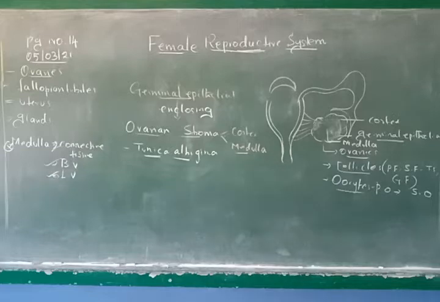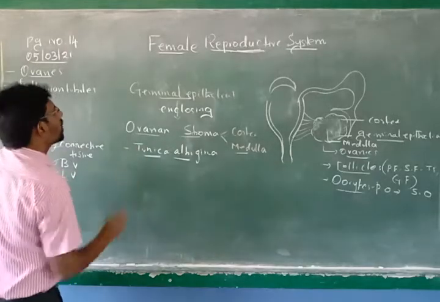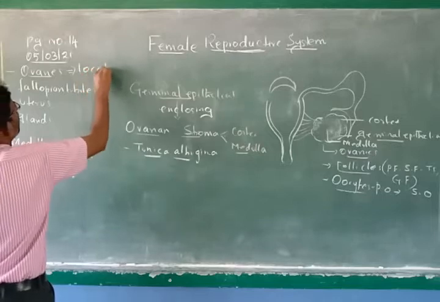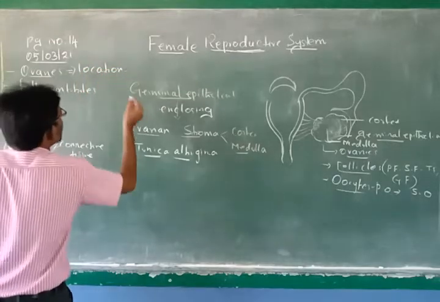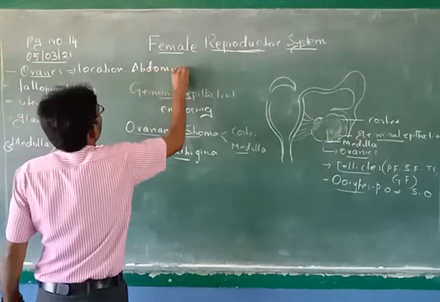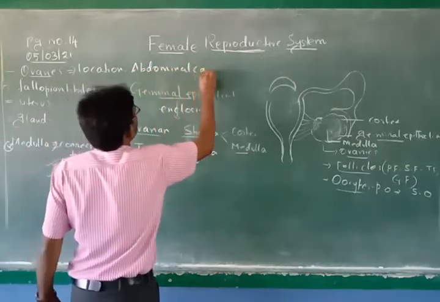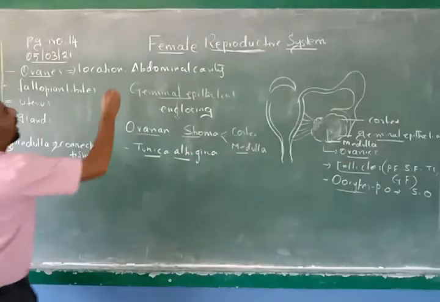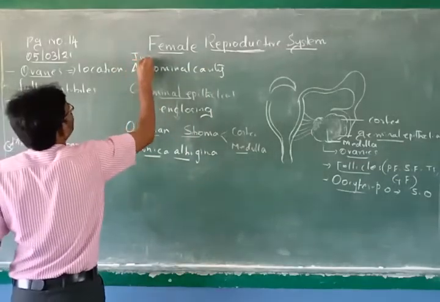Okay, right. Now, the location of this ovary is in the abdomen, inside the abdominal cavity. Whereas the testes are not inside the abdominal cavity, they are present outside it. So the female ovary is inside. Why is the testis present outside the abdominal cavity?